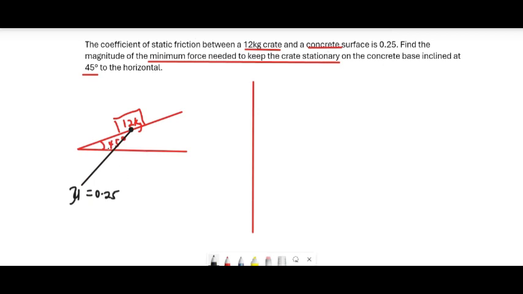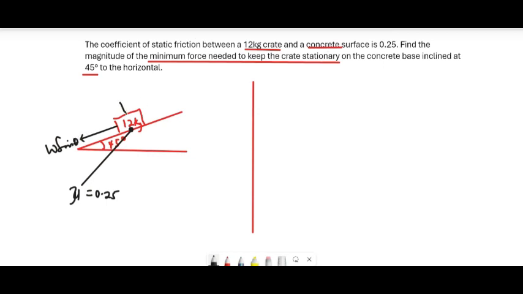So for us to find the minimum force that can keep the crate stationary, don't forget the word stationary means they want the crate to remain at this particular place. They don't want it moving, right? So for us to do that, it's very simple. Get the components for the block. You have the vertical component Fy, which is W sine theta, and this is bringing the block downwards.